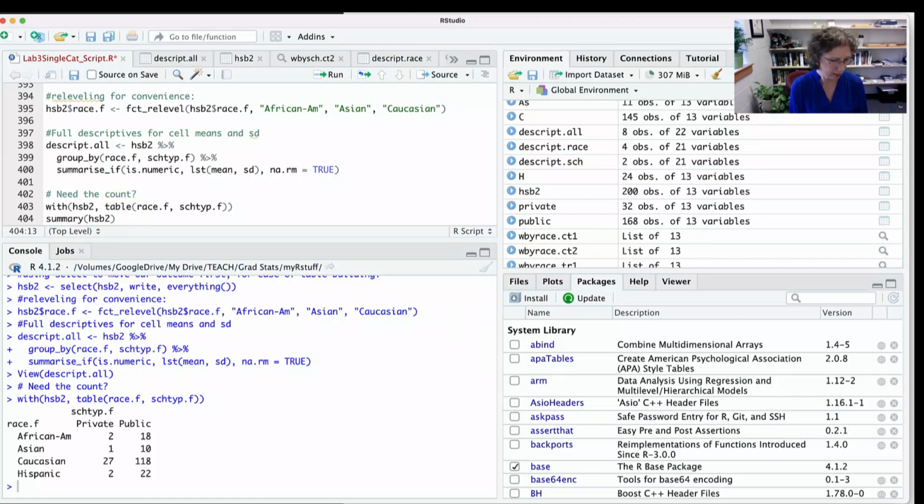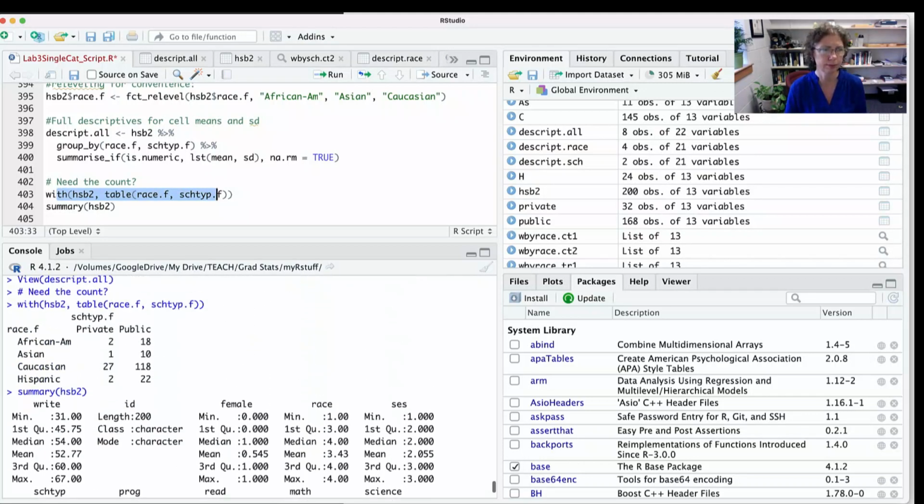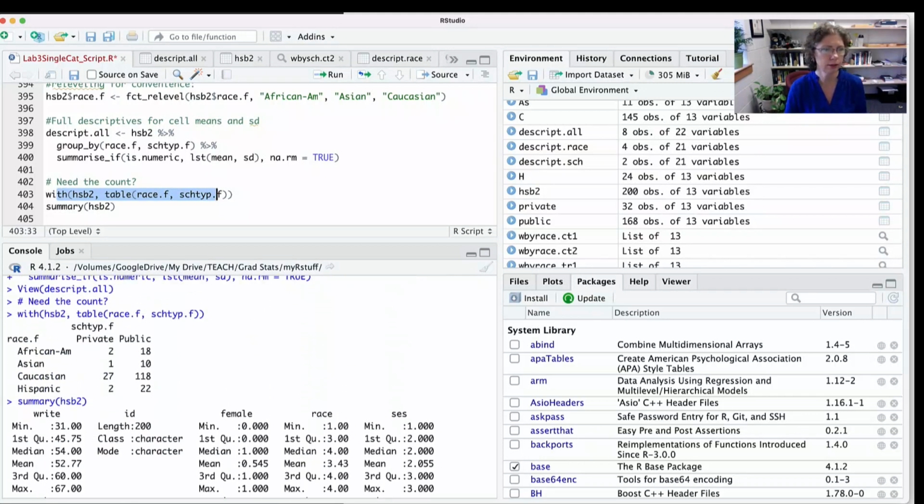Well, that'll give us the overall summary, like how many African American total, but it doesn't tell us how many are in private and how many in public. But this one breaks it down to those groups. 2 African American cases in private, or 18 in public.